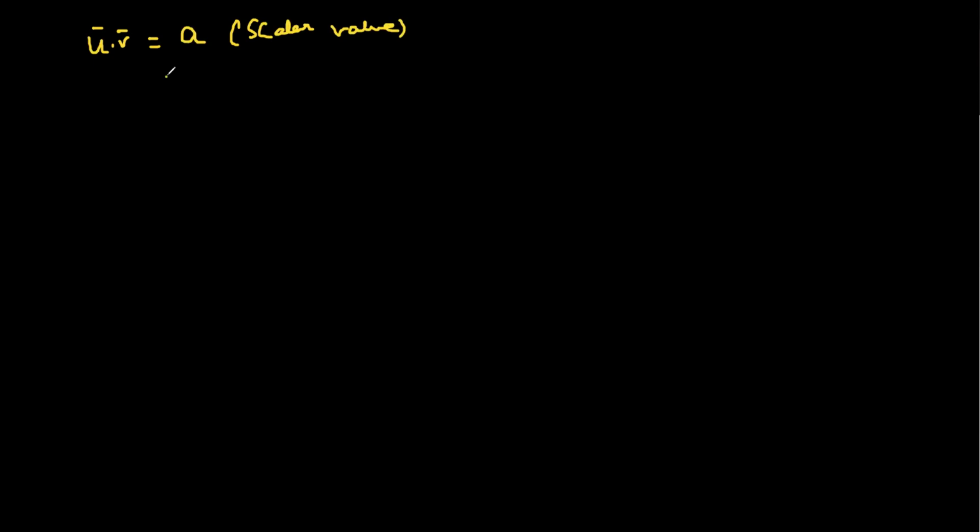Let's suppose u is equal to v. Then you will get u into u, u square. And u square is basically the value of mod u square, because the square of anything is positive, a scalar value.